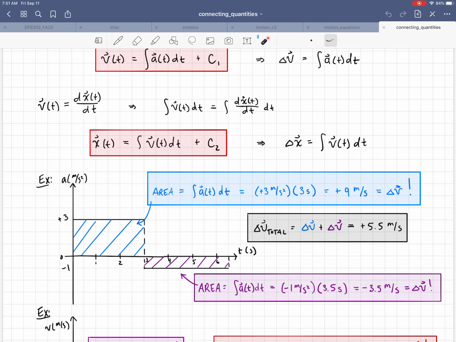So the integral there, the area is minus 3.5 meters per second, and that's our change in the velocity during the second part of the motion. So what's our total change in velocity for this entire 6.5 second trip? Well, an increase of 9 meters per second, and then a decrease of 3.5, and so the total change in velocity after these 6.5 seconds is plus 5.5 meters per second.